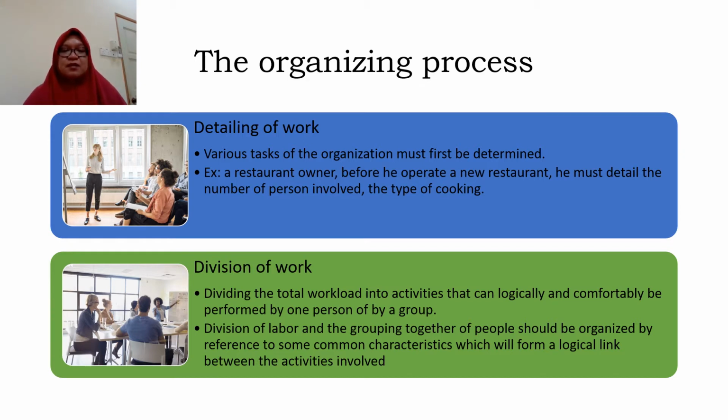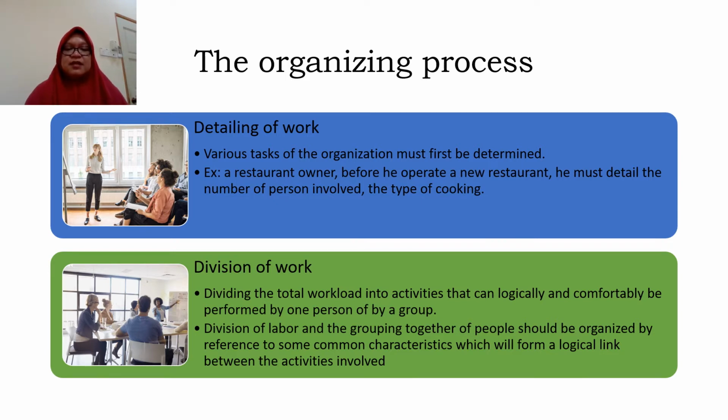For example, a restaurant owner, before he operates a new restaurant, must detail the number of people involved, the types of cooking, and so on. That means he must list down all the activities and tasks that they have to do in order to operate the organization.